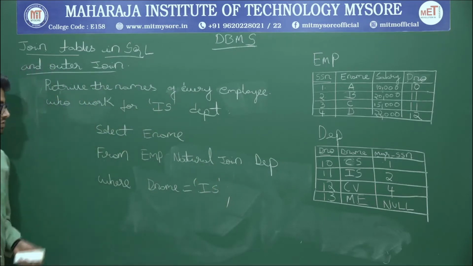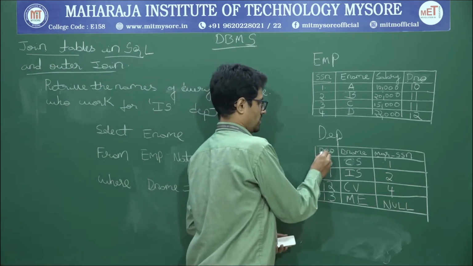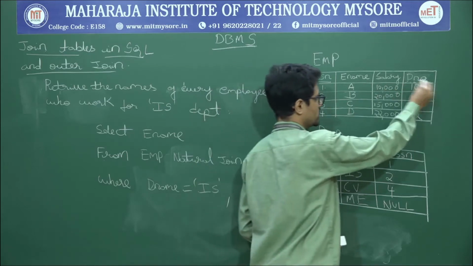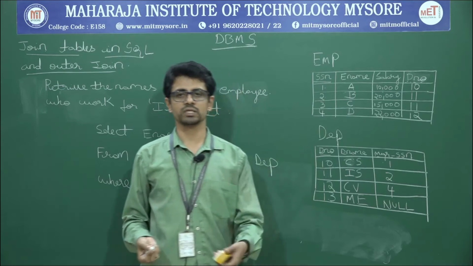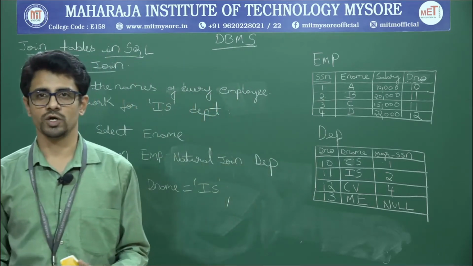If you do this type of join, you need not have the attributes with two different representations. The primary key is department number DNO, and the foreign key is also DNO. When we have the same representation of an attribute in the primary key as well as in the foreign key, we can do this natural join.